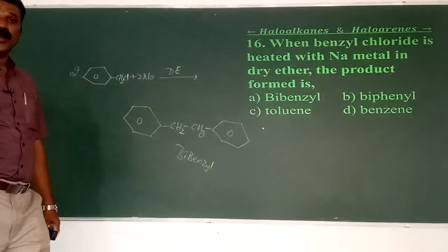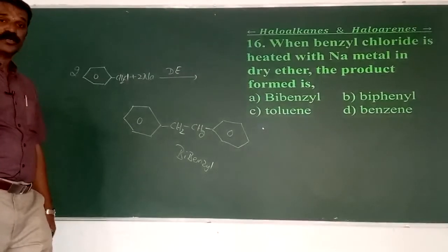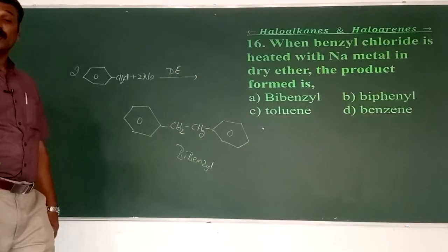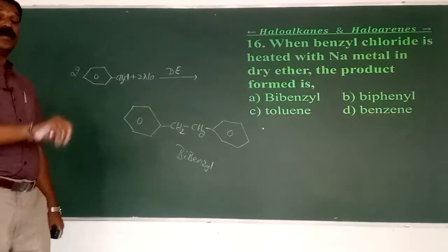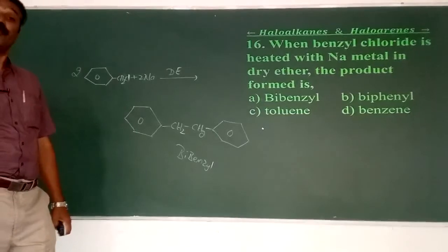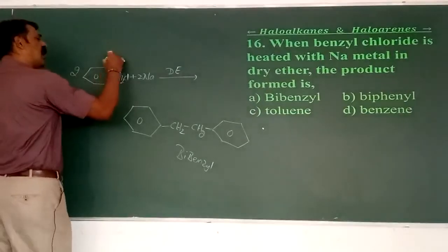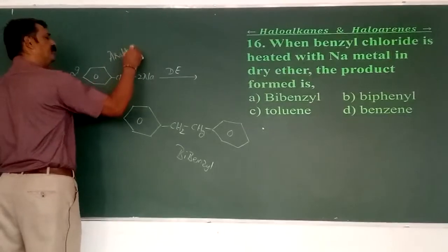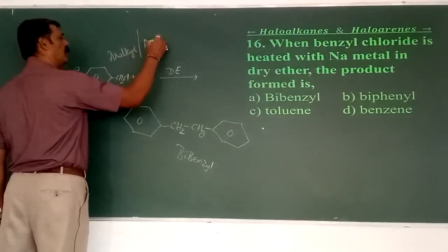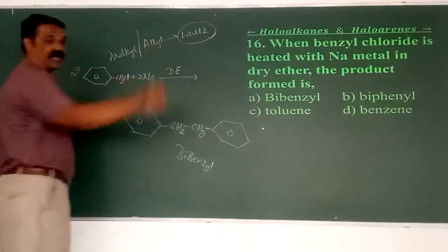Whether it is Wurtz or Wurtz-Fittig or Fittig reaction: if both are alkyl, it is Wurtz. If both are aryl groups, it is called Fittig reaction. If one is alkyl and one is aryl, it is called Wurtz-Fittig reaction. But what is it here? This R-alkyl group always undergoes what reaction? Wurtz reaction.